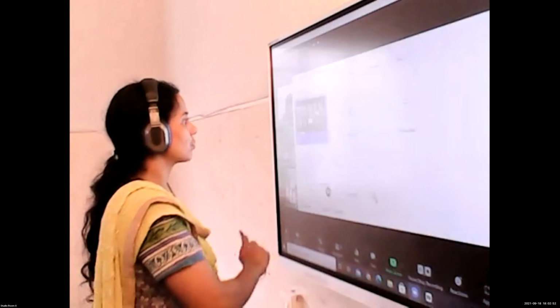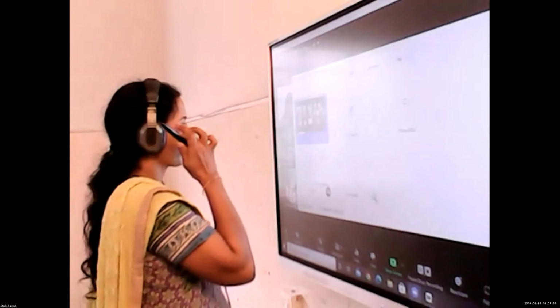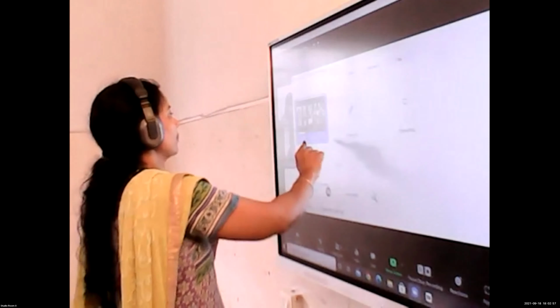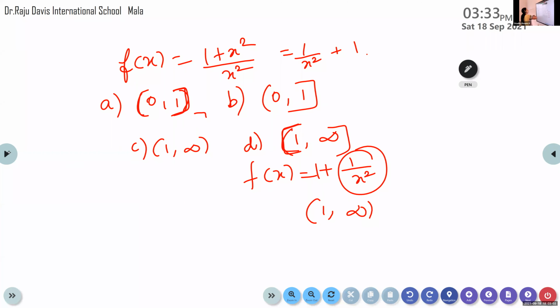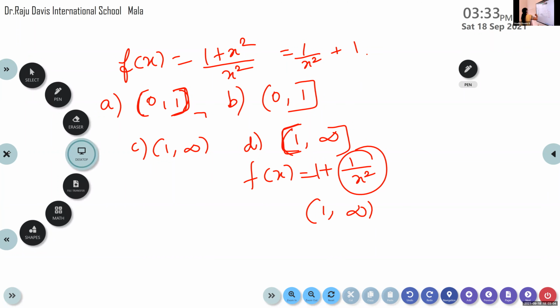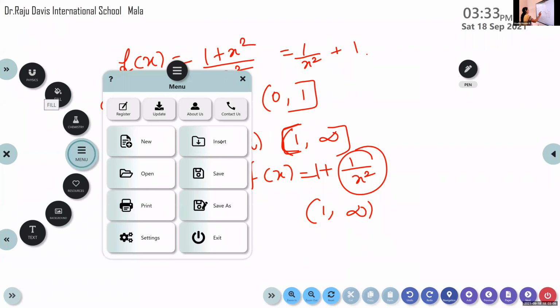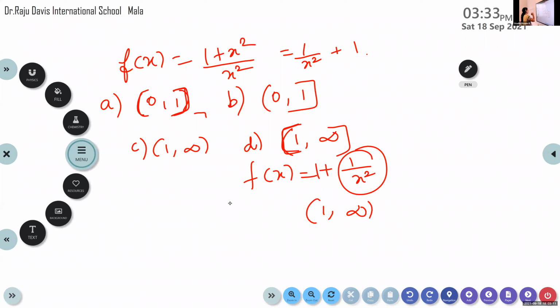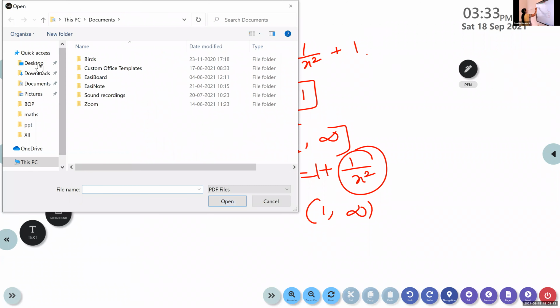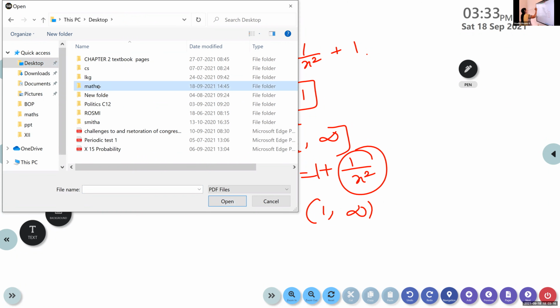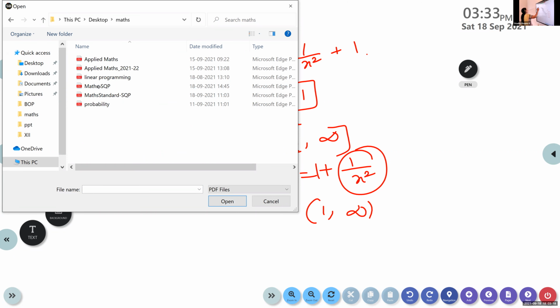We are going to solve the questions from the sample paper, the first chapter sample paper.